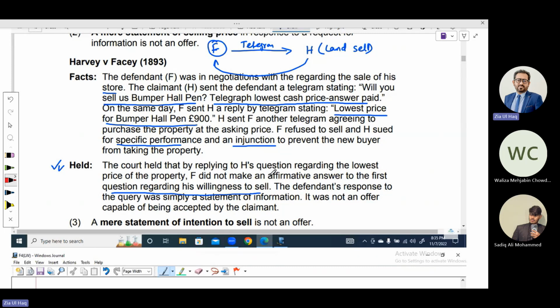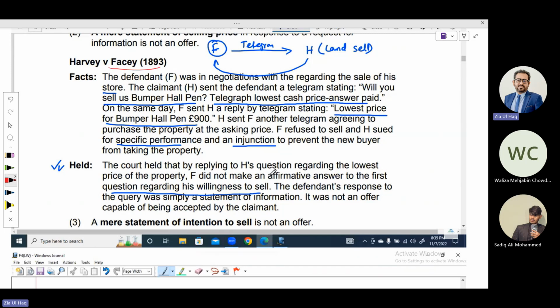On the same day, the defendant sent the claimant a reply by telegram stating, "Lowest price for Bumper Hall Pen is £900." I will not sell below this. So Harvey sent Facey another telegram agreeing to purchase the property at the asking price and Facey refused to sell. And Harvey sued for specific performance and an injunction to prevent the new buyer from taking the property.